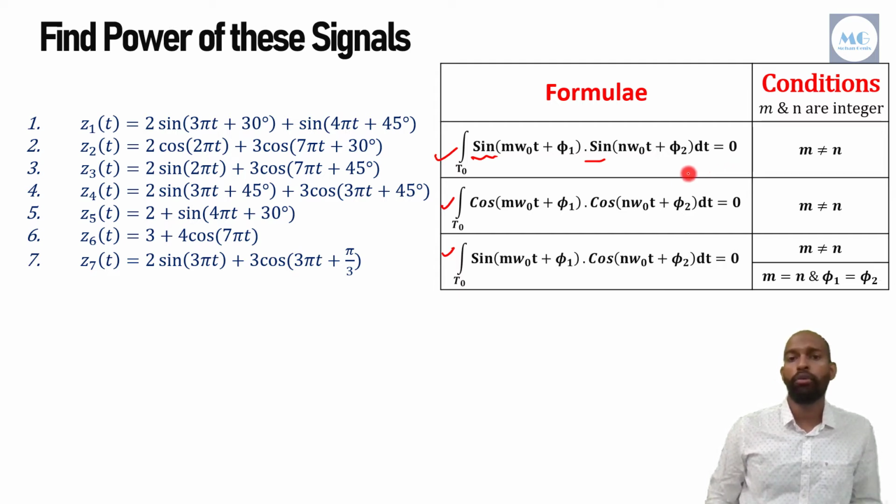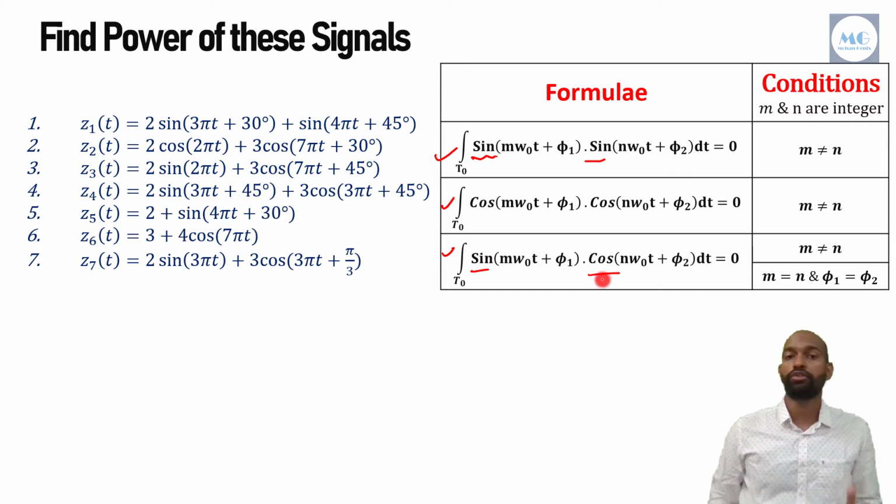Now for the second formula, we just have to convert this sine function into a cosine function. That means this formula also stands true for cosine functions, and the conditions are the same: m and n are integers and m is not equal to n. But what will happen if one function is sine and the other function is cosine?